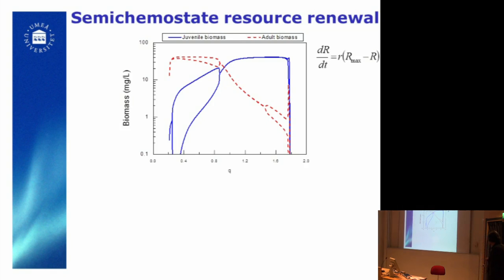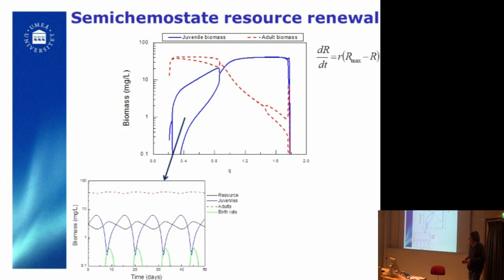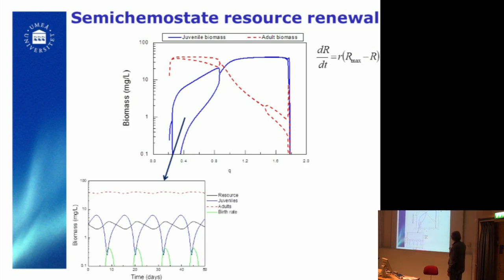But as soon as we get ontogenetic asymmetry, we get a new type of cycles that are not classical predator-prey cycles, which we call generation or cohort cycles. Here is an example of a time series for when juveniles are more efficient. And then we get what we call juvenile-driven cohort cycles.